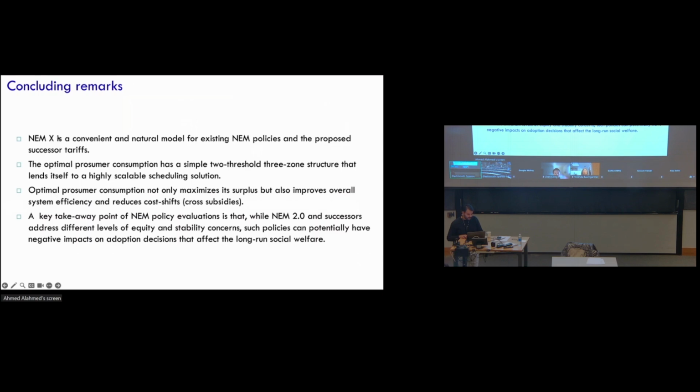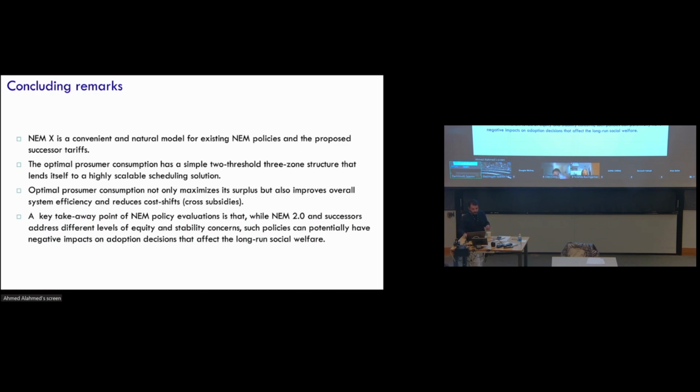Net metering X is a convenient, natural model for existing net metering policies and the proposed successors. The optimal prosumer consumption without storage has a simple 2-threshold policy that lends itself to a highly scalable scheduling solution. That's why we went into larger scale implementations.